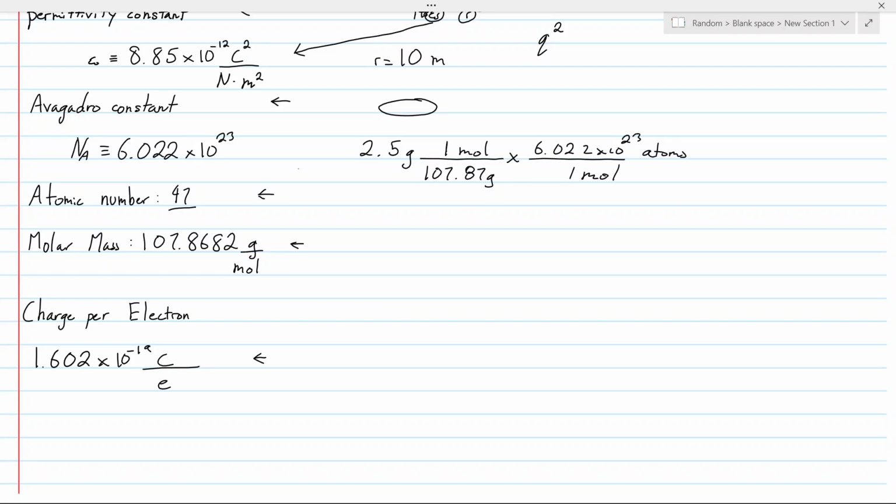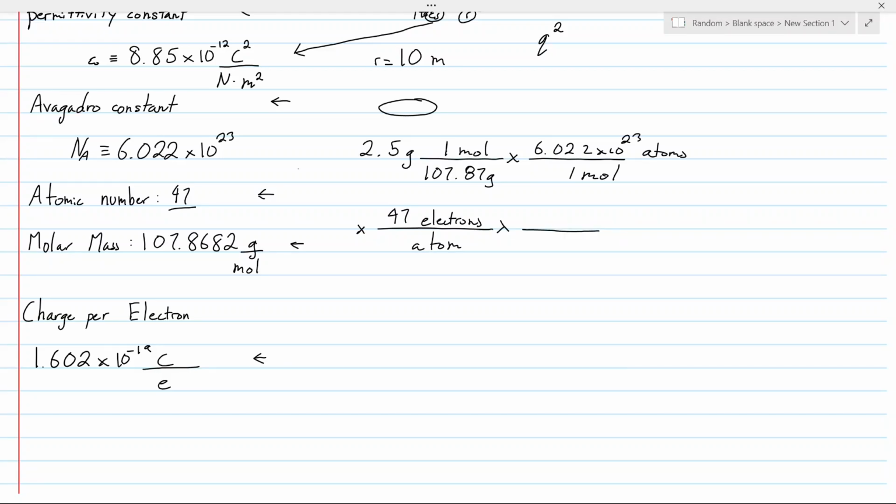And I'm going to carry it on down here. Multiply that by the atomic number, 47. Now the atomic number relates to the amount of protons, and it's a neutral atom, so the amount of protons equals the number of electrons. So it's 47 electrons per atom.